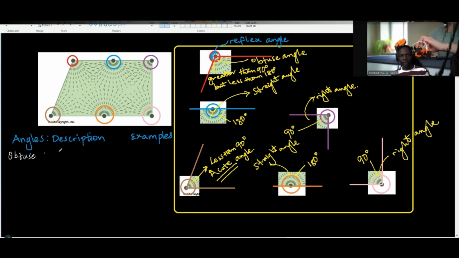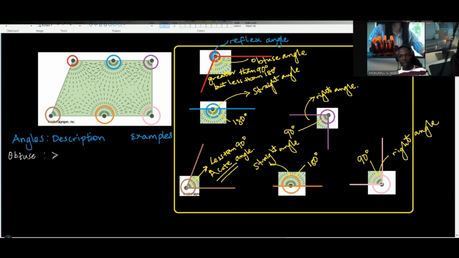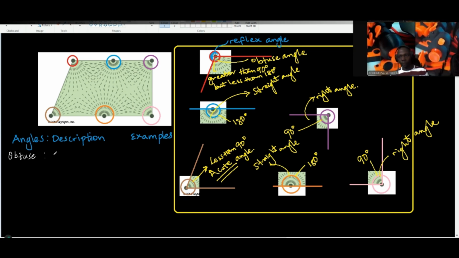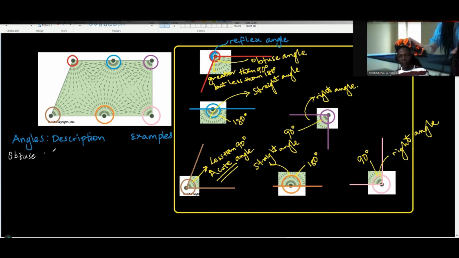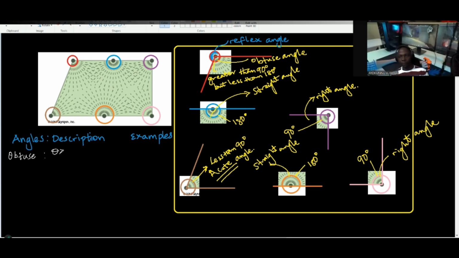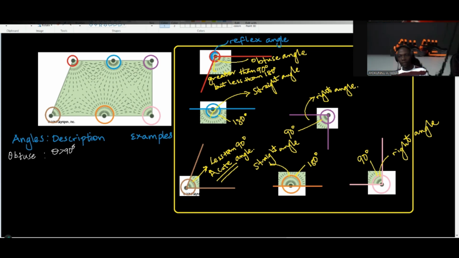An obtuse angle is greater than 90 degrees, okay? Greater than 90 degrees, but it must be less than 180 degrees.